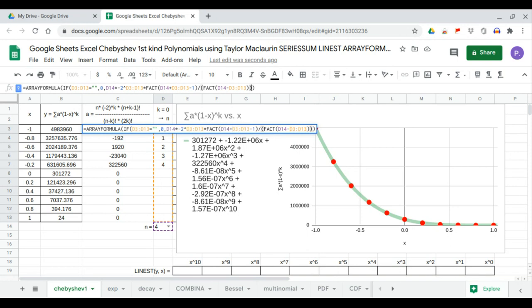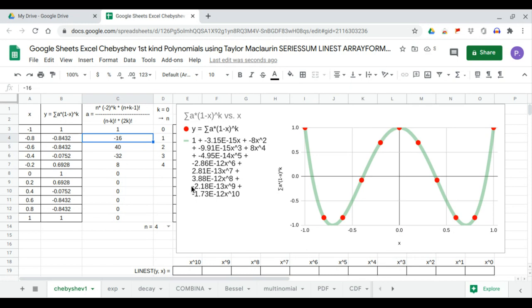Second part is factorial of 2 times k. That should be correct.